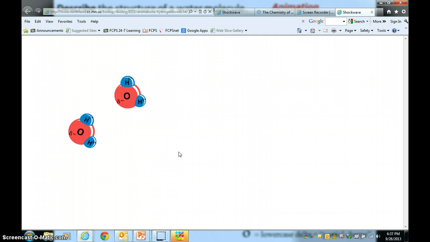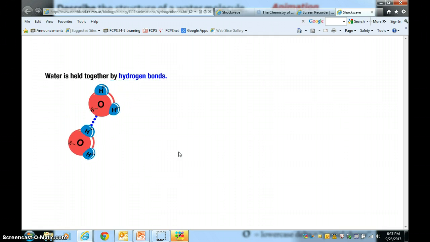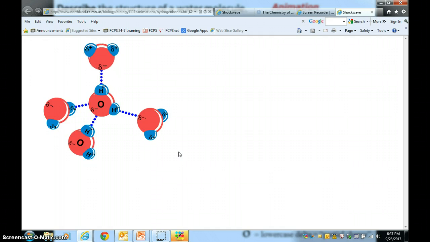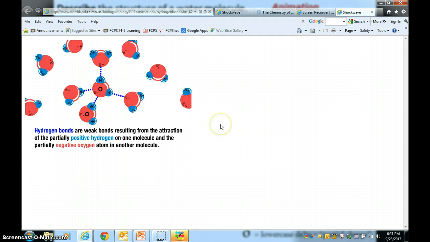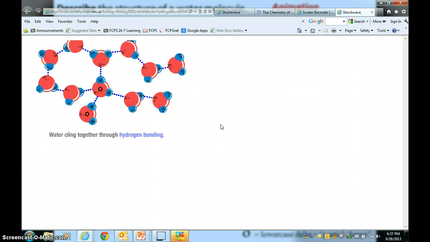One hydrogen of a water molecule is attracted towards the oxygen of another water molecule. So it forms these hydrogen bonds, represented by these dotted lines, and this is what makes water sticky, or what we call cohesion. This is what makes water cling to other water molecules.